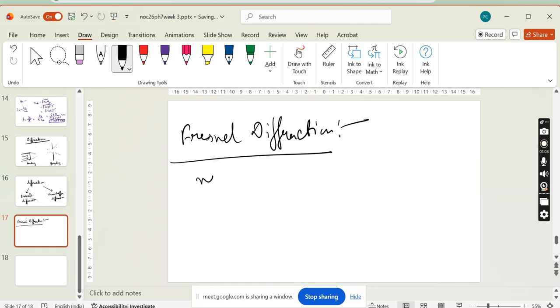So Fresnel's diffraction is basically the near field diffraction. What is near field? The near field is basically when the source and the screen are at finite distance.